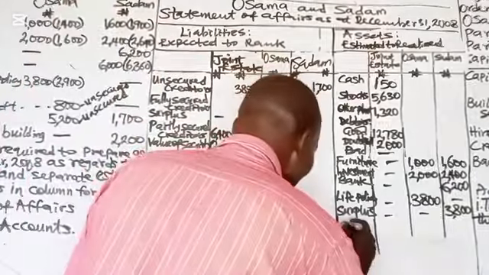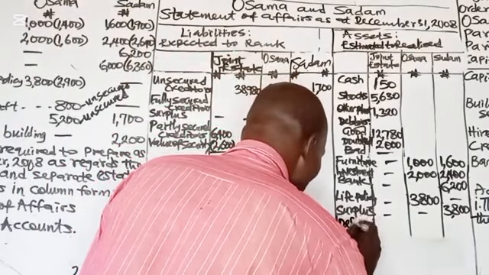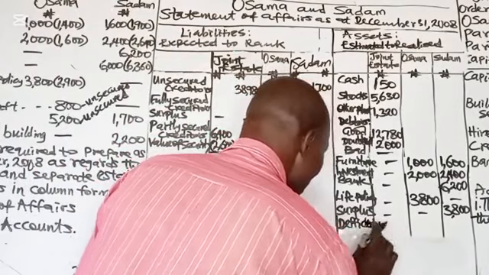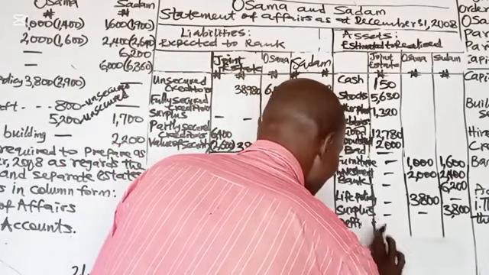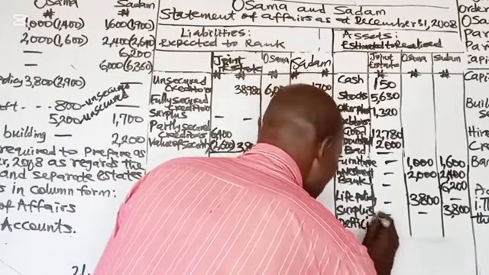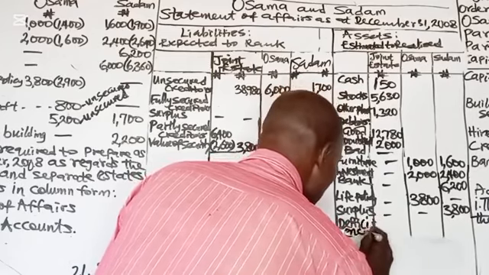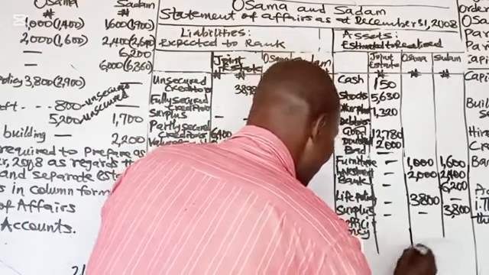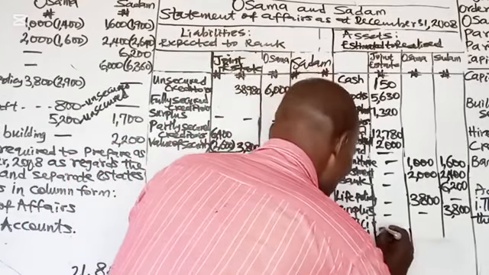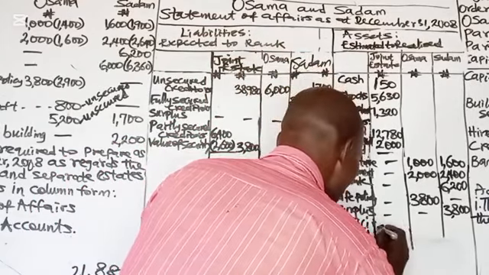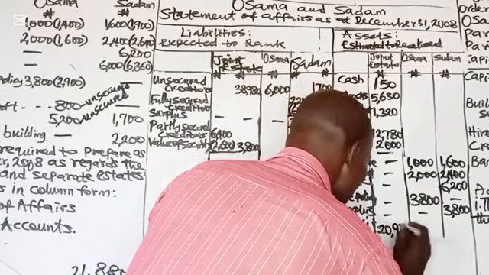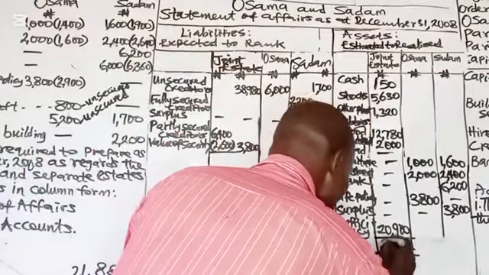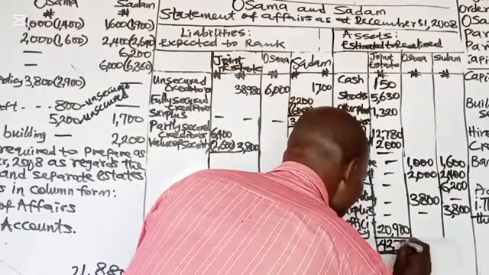That is the deficiency as per statement of affairs, 20,900. The total is 42,780.